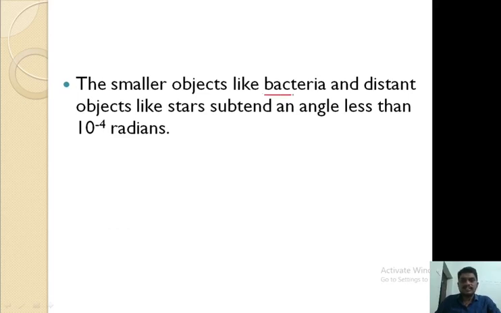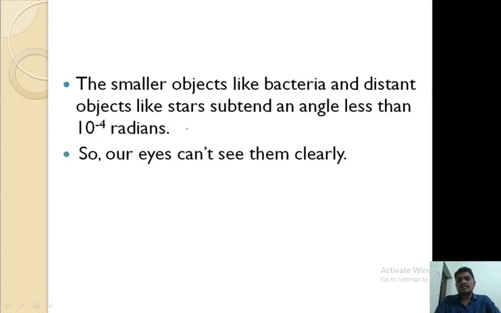The smaller objects like bacteria and distant objects like stars subtend angle less than 10 power of minus 4 radians. That is why we cannot see the bacteria and stars clearly with a naked eye. So in order to see them clearly, we need some optical devices.